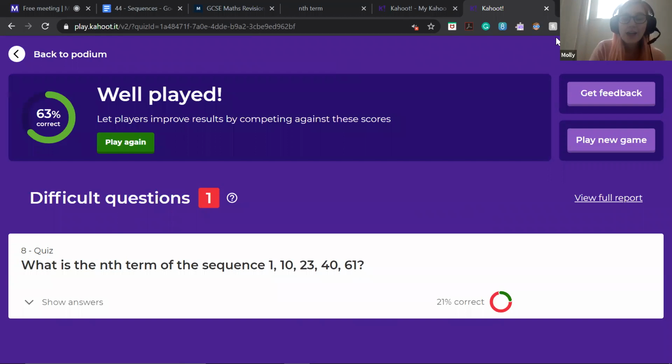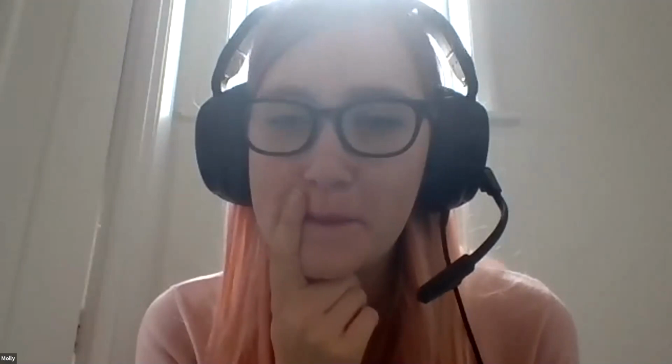So fantastic. I haven't got a maths joke for today. I'm really sorry. I'm trying to think if I know any off the top of my head. Okay, so this is a trig one. It's not actually anything to do with sequences, but it's the only one I can think of.